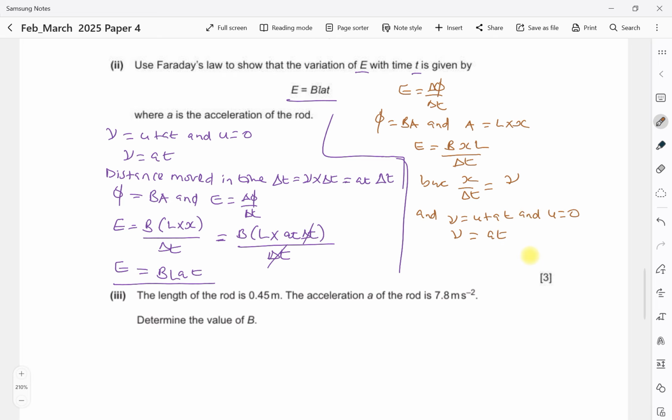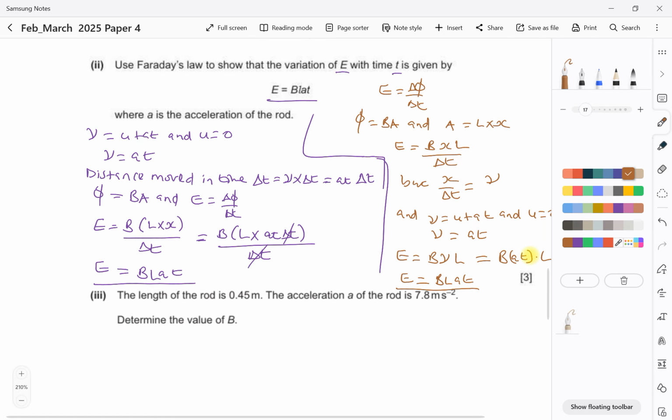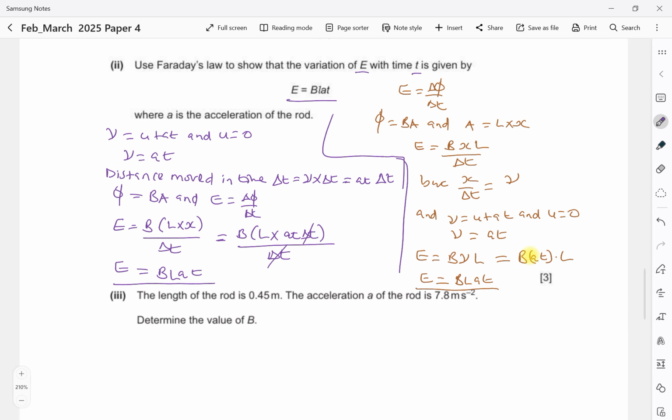Therefore, the EMF E is B times v times L, which is the same as B times at times L. Hence, EMF is simply going to be BL times at as required. Okay, so that is another method. It's almost the same, but simpler reasoning.